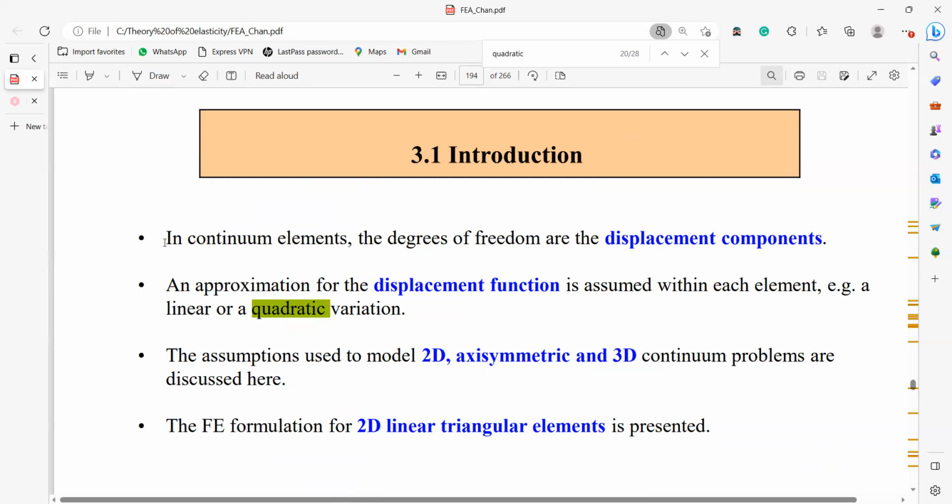So now an approximation for the displacement function within each element, either you can have it as linear or quadratic.